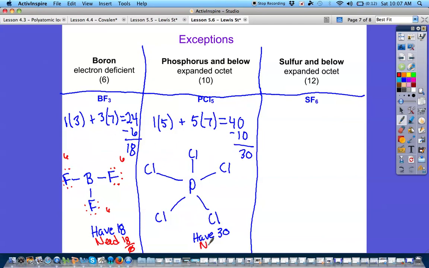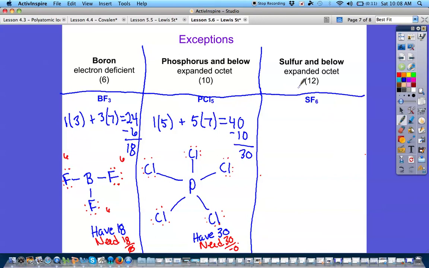So we have 30, we need 30. So then we can just apply the dots to our Lewis structure. So that is phosphorus pentachloride.